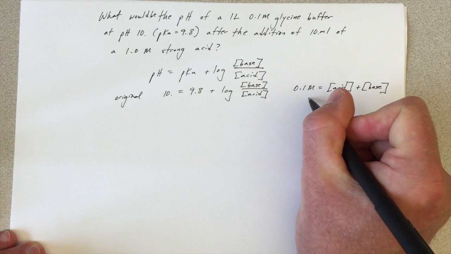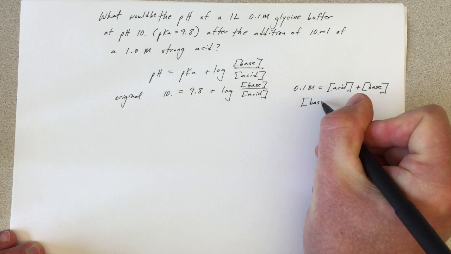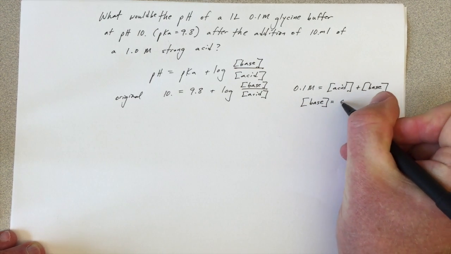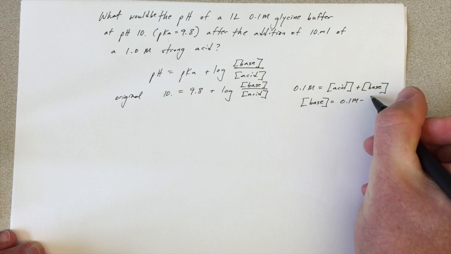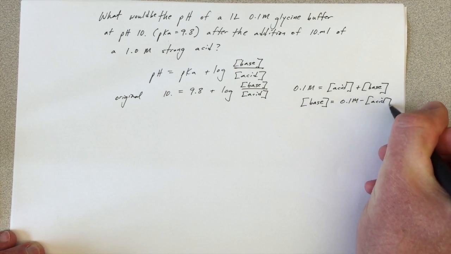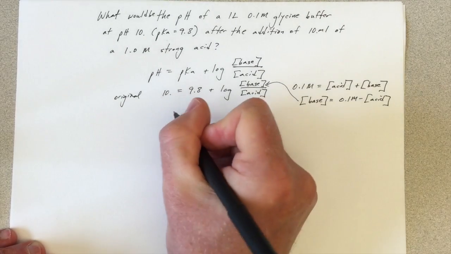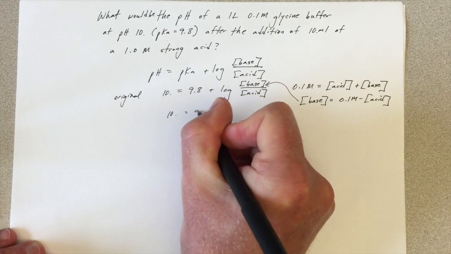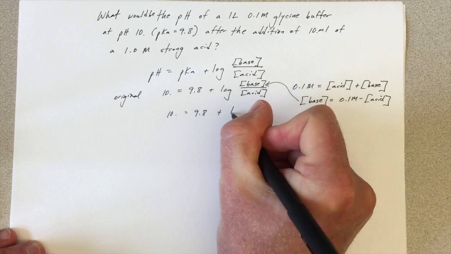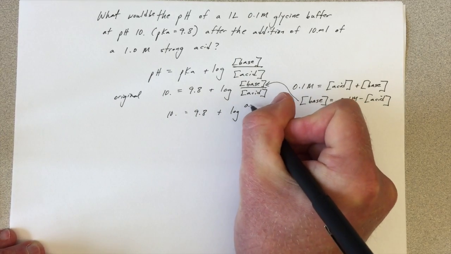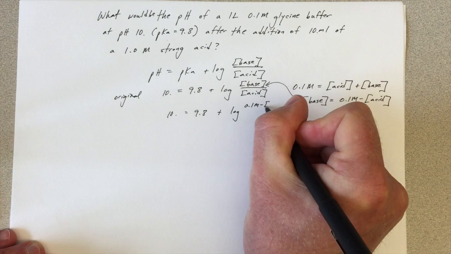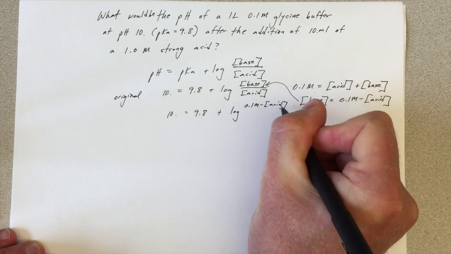The concentration of base is going to be equal to 0.1 molar minus the concentration of acid. I can plug that in right there and end up with a new equation that only has one unknown in it.